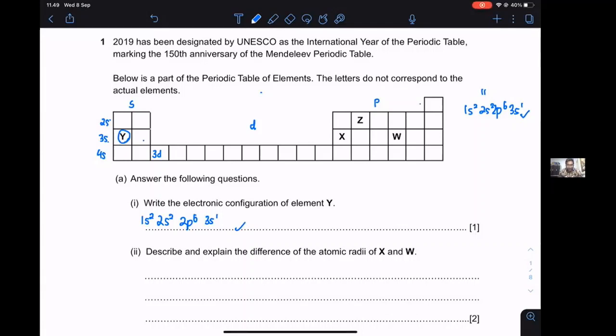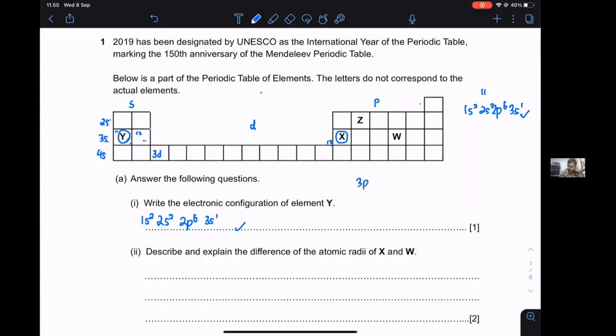Let's learn, for example, how to write the electronic configuration for X. I know that this is going to be 3s1, 3s2, so 11, 12, and this is supposed to be 13. So I know 3s1, 3s2, then after 3s2, you are going to start with 3p.